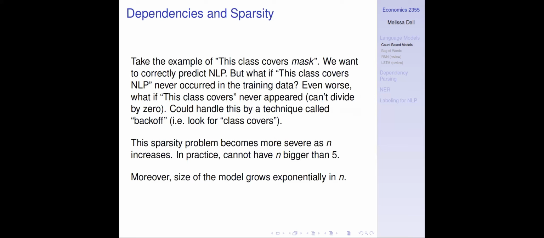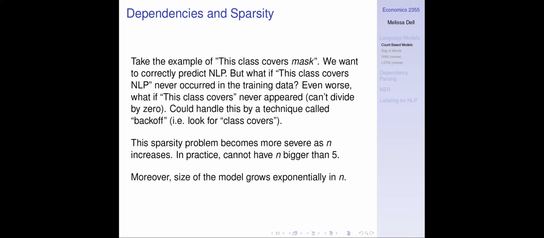So why can't it do that? Well, there's a couple of reasons. The first reason is sparsity. Let's say this class covers blank, or this class covers mask. We put a mask token there, and we want to correctly predict that NLP appears there. But if this class covers NLP never occurred in the training data, then we have a problem. We can't predict that. There are always going to be unseen things, but even worse, suppose this class covers never appeared in the training data.